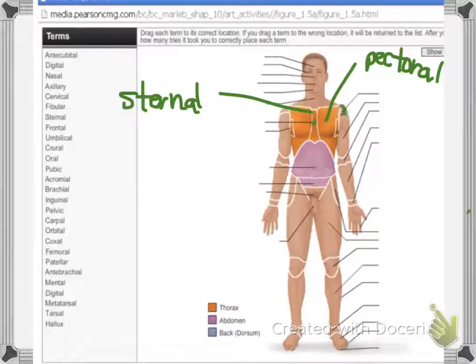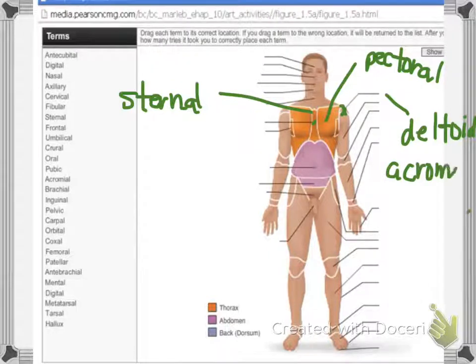On the side here, this is hard because in some diagrams they might want you to call this the deltoid, but it's very similar to the acromial. The deltoid is the muscle that sits there. The acromion process is actually a connection between the clavicle, which is right here, the scapula, which is in the back, and the humerus as it comes up here.